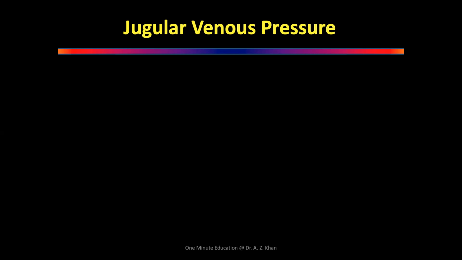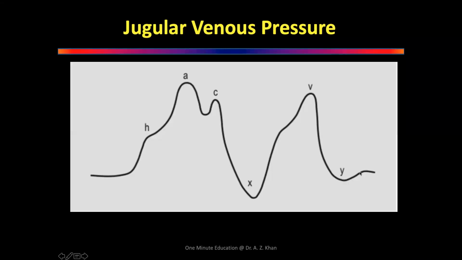Say yes whenever you're ready. Yes, sir. Okay, so this is the chart of jugular venous pressure where I want to see three peaks, A, C, and V, and two troughs, which is X and Y.